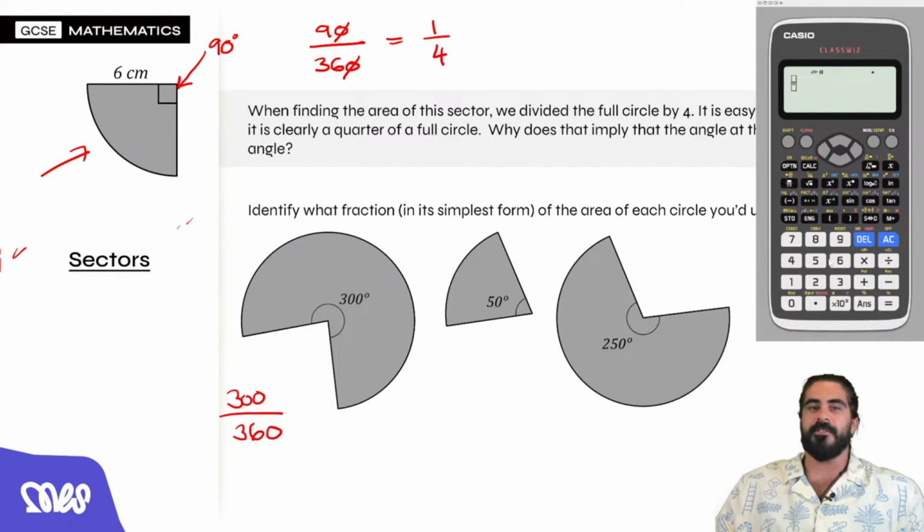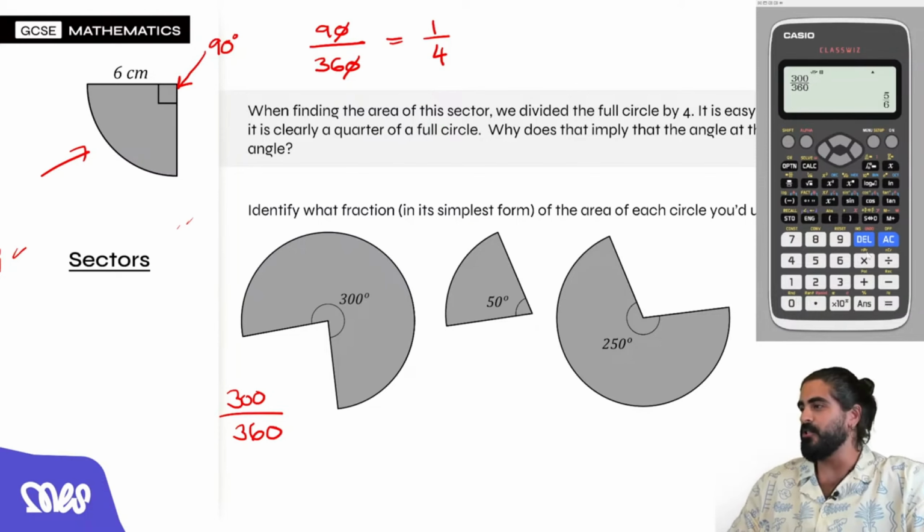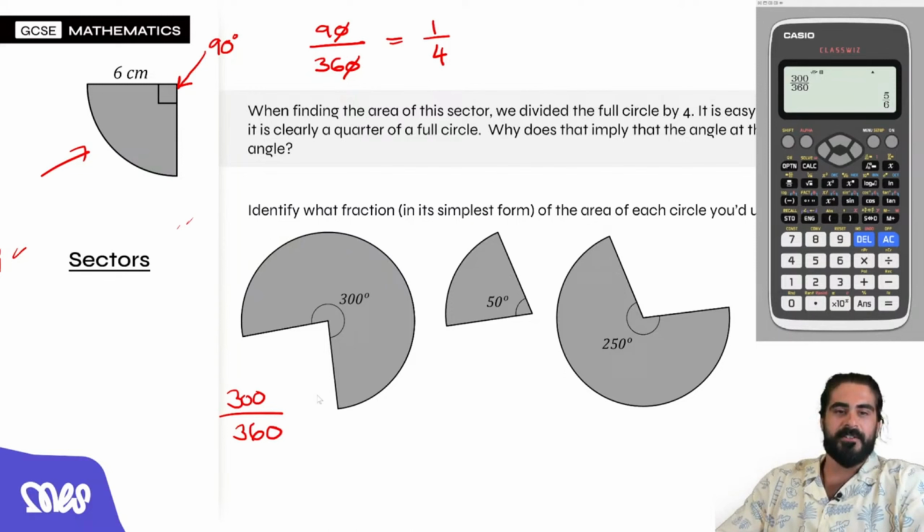All right, look at this. So fraction 300 over 360, which is cool, right? And then it does everything the same. So if you have your calculators, you can do this with me. So 5 over 6. Next one, we've got 50 over 360.